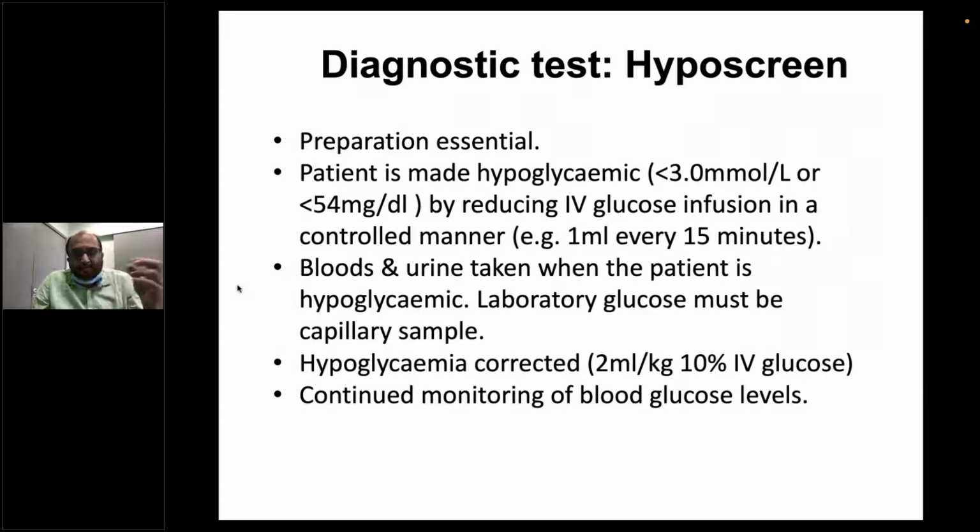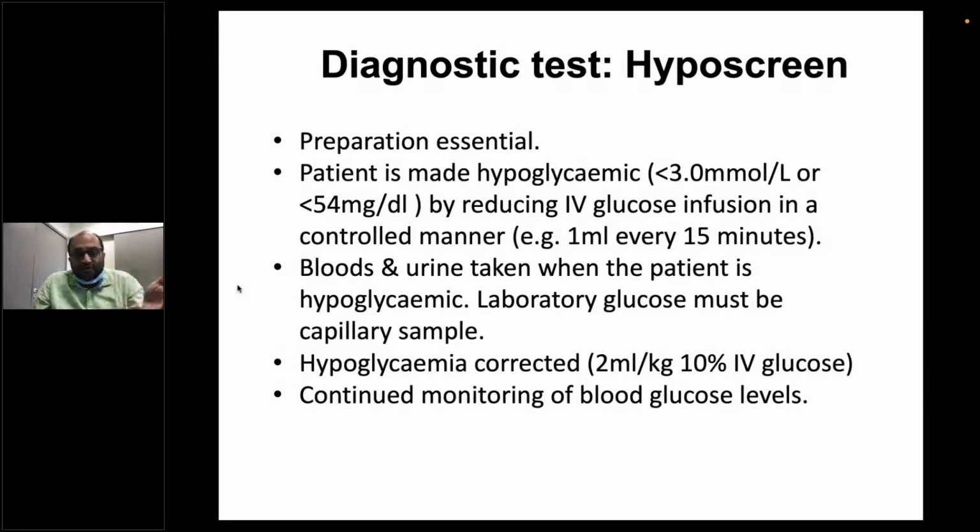It is really important to get a diagnostic test to determine the cause of hypoglycemia, so the preparation is extremely crucial. Whenever we are doing fasting tests in either babies or older children, it's important that we get everything ready, the labels, and all the blood bottles. If they are on IV fluids, sometimes we have to wean the fluids slowly to see whether they go hypoglycemic, so you titrate the infusion.